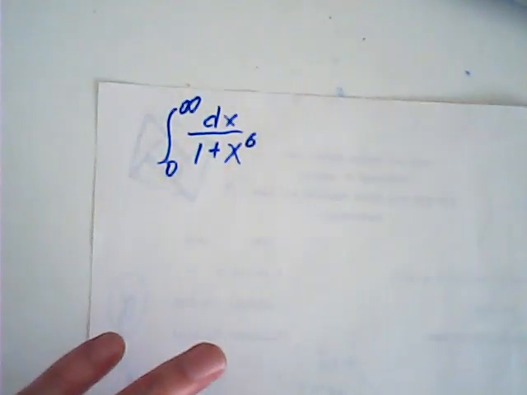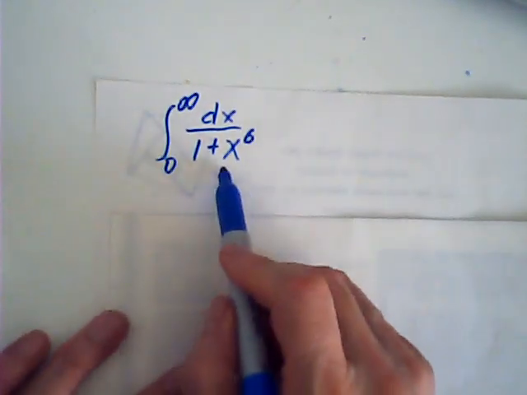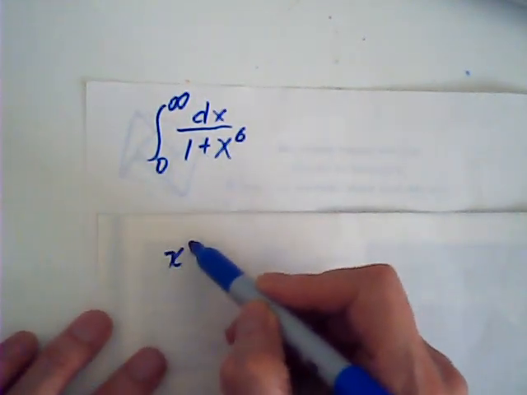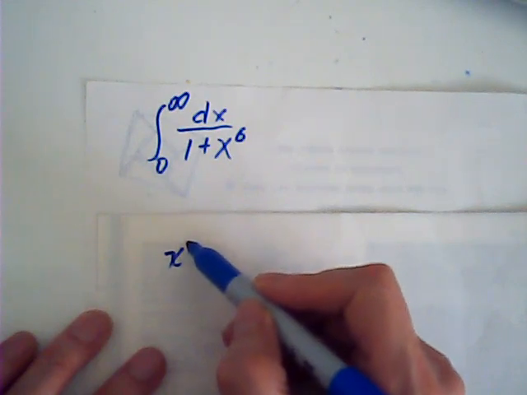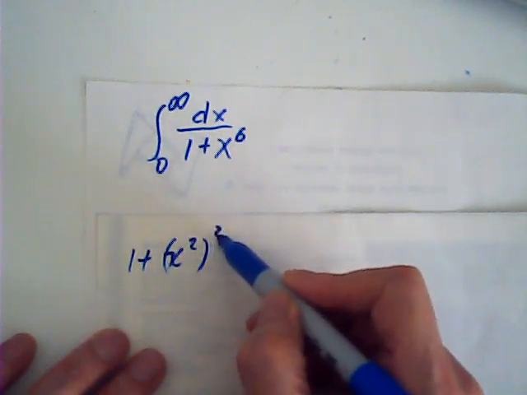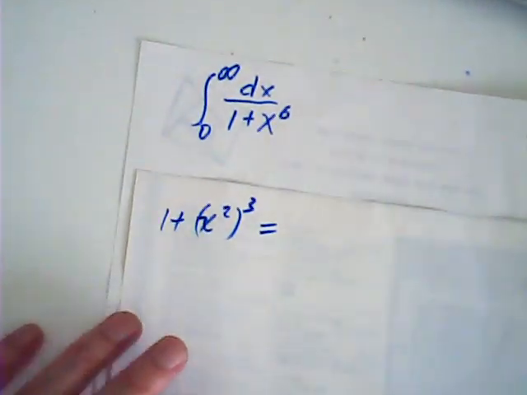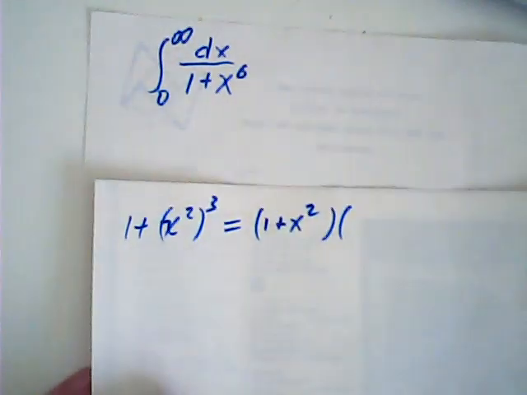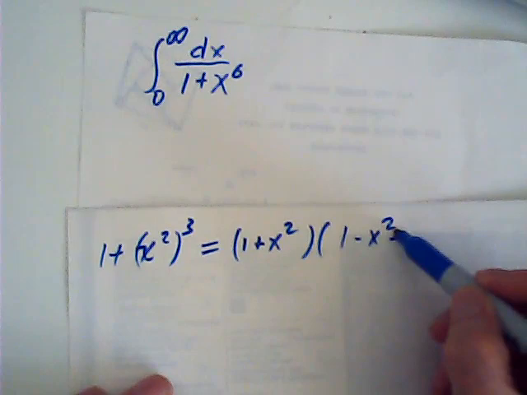Now, same story. This could be factored, right? This could be equal to x times 1 plus x square cubed. Using the formula, 1 plus x square multiplied by 1 minus x square plus x fourth.